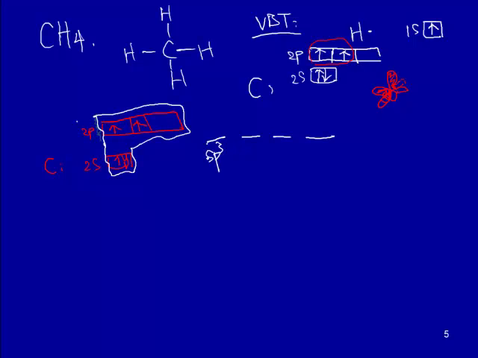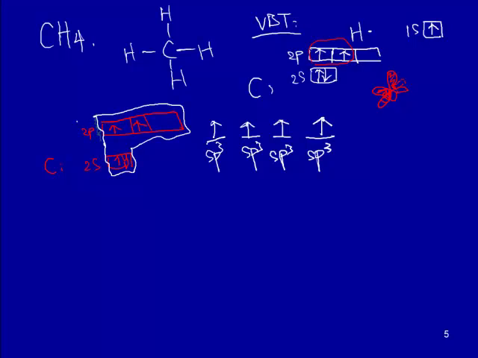So this is 1s3p, 1s3p, 1s3p, 1s3p. Those generate 4 sp3 hybridized orbitals. In this case, I can use Hund's rule to put 4 valence electrons on those 4 sp3 hybridized orbitals, one on each.